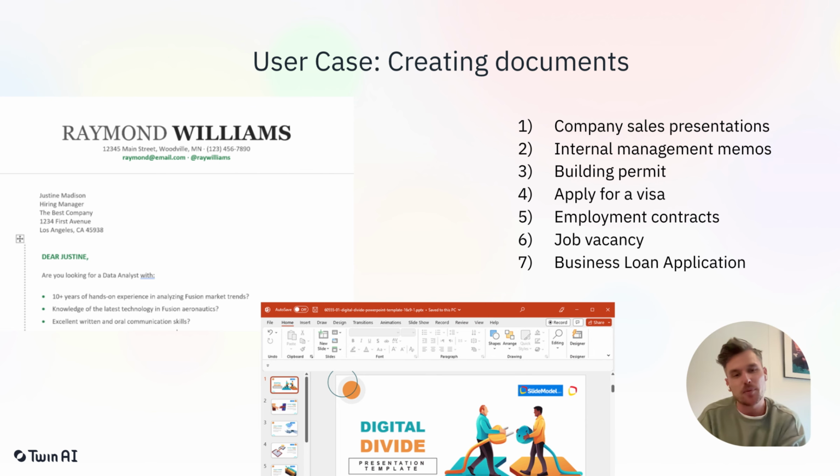Another big part is recruitment, or if you have a new employee at your company, you can also automate the employment contracts or other contracts between parties, like a sales contract. Job vacancies that recruiters write on a daily basis, and another example is a business loan application, to automate the production of that product.